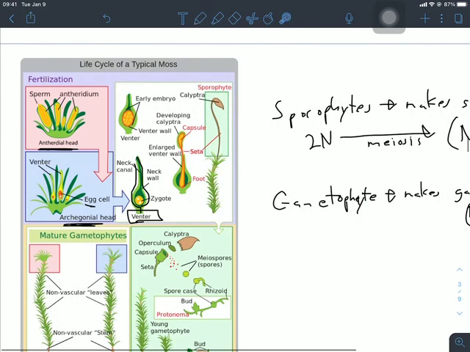So again, antheridia makes sperm, archegonia makes eggs, eggs are retained, the venter is the layer on the outside that provides the home for our zygote and embryo. Once fertilized, the embryo will grow into a sporophyte that has an attachment at the foot, a setae stalk, and a capsule that's going to hold all of your spores.